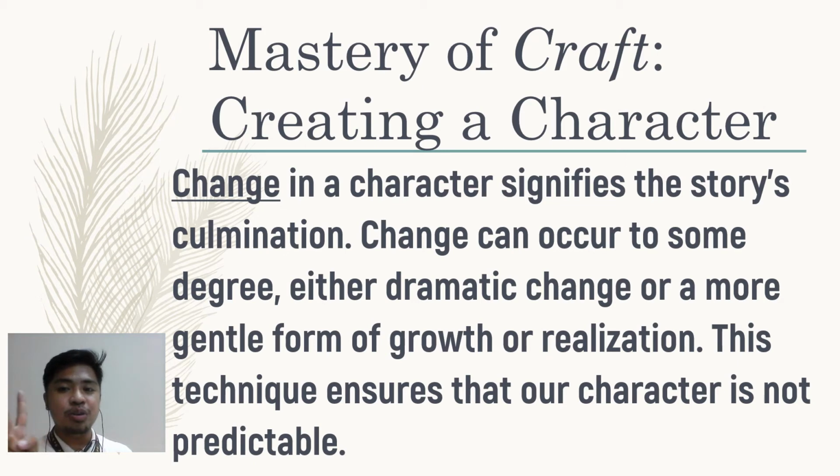Number two is human complexity. Your character should have flaws and insecurities. And number three is the capability to change. Your character should have the potential to change, whether dramatically or gently, or a slow, gradual change at the end of your story. Okay?